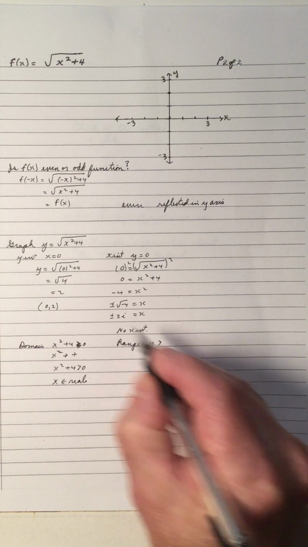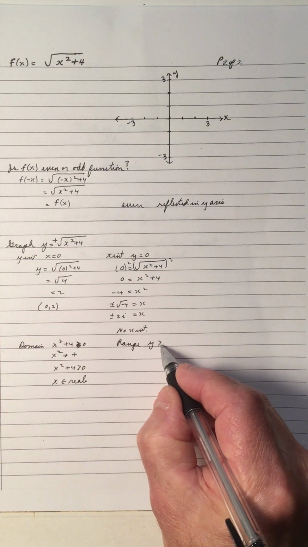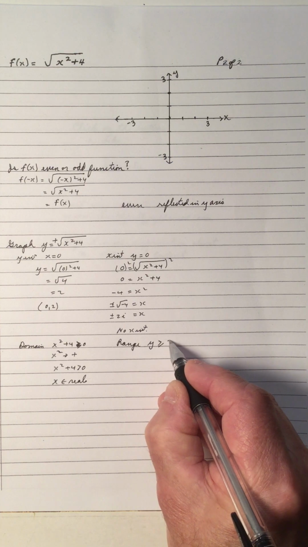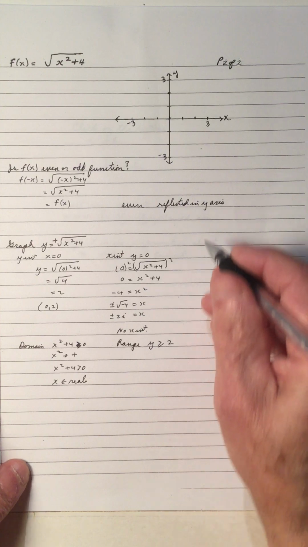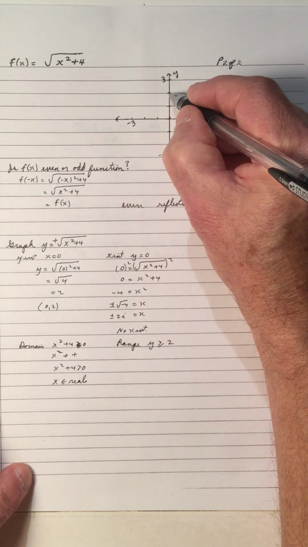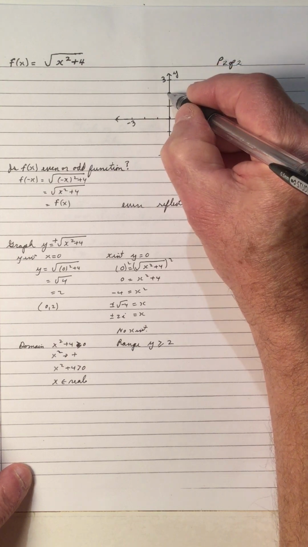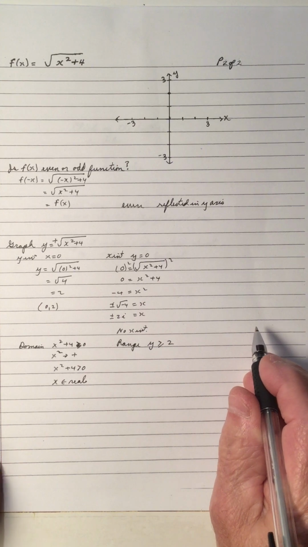So the values of y are positive. So the values of y are greater than or equal to 2. So that means this function is going up here somehow. But how does it go?